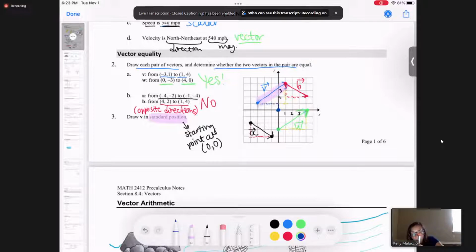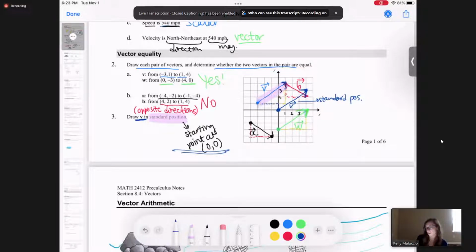So I went 1, 2, 3 to the right and 1 down. This terminal point is going to go 1, 2, 3 to the right and 1 down. Then I connect the dots and draw my arrow. And this is V in standard position. It just means the starting point is at 0, 0.